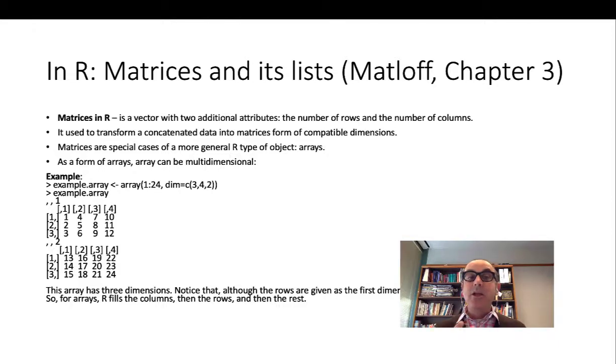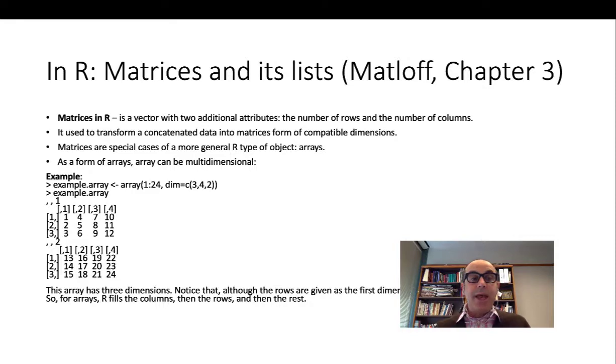Okay, so in R, and because R is a mathematical or statistical platform, we have the idea of displaying it in two dimensions, the number of rows and the number of columns. It is used to transform the connected data into a matrix, into two dimensions. So the idea here is example.array, and I will say organize it based on array 1 to 24, and with dimension of 3, 4, and 2, and that's how it will sort it out in order for me to display it.